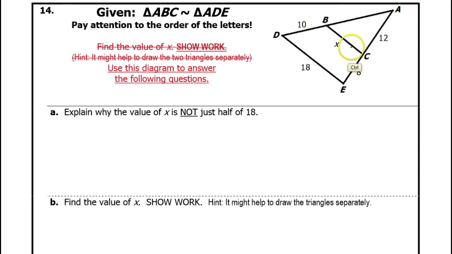Well, it's because BC is not the mid-segment. If BC was a mid-segment, then C would have to be the midpoint of side AE. And we can see that it is not, because we have 8 and 12. Those are different lengths, so C is not the midpoint.